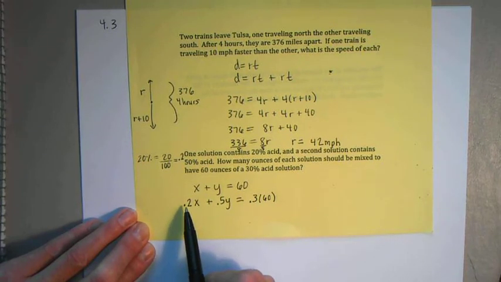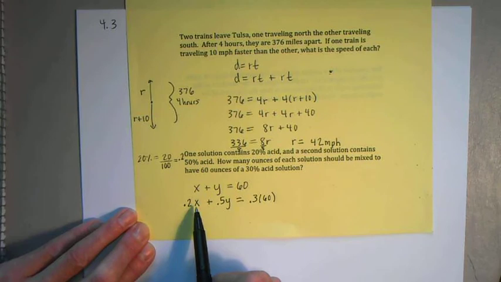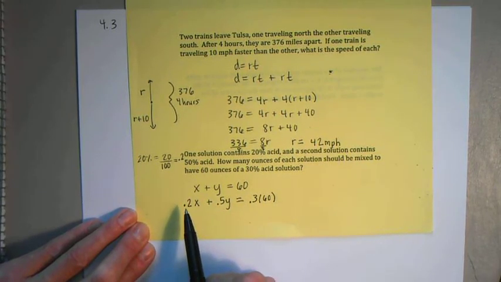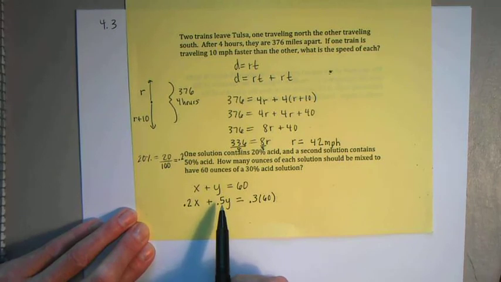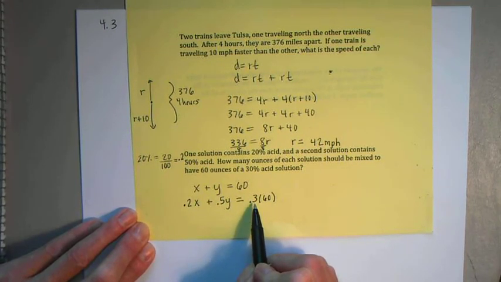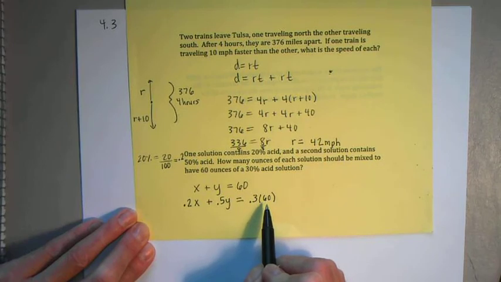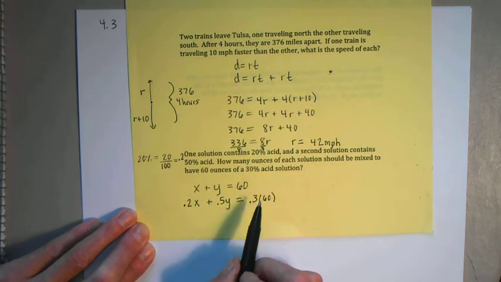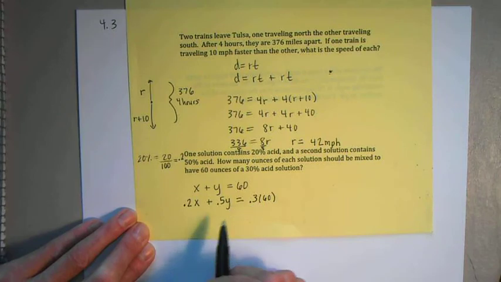It's either a dollar amount times pounds or something like that. In our case, it's a percentage times ounces plus a percentage times ounces. I'm going to mix them to equal this percent and this many ounces. And this is called a mixture problem because that's exactly what you're doing, mixing two different percentages to end up with the one you want.